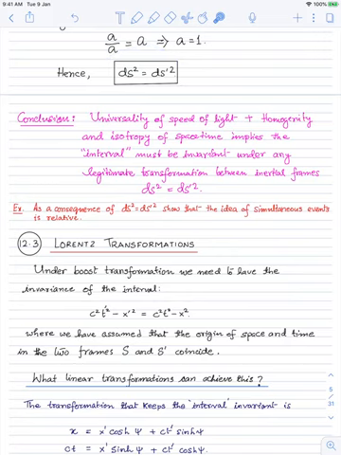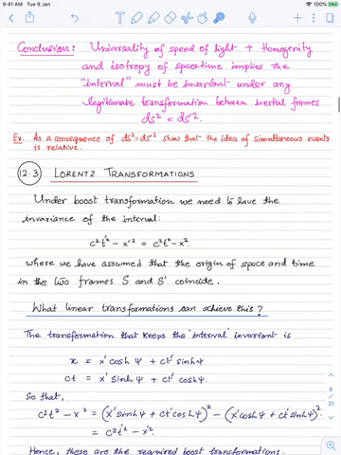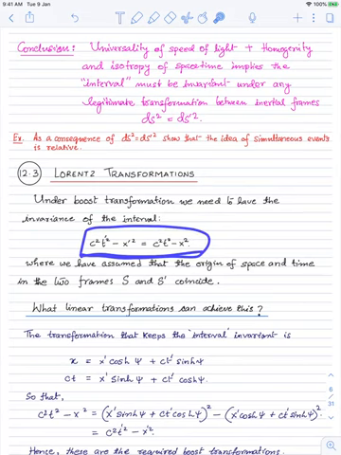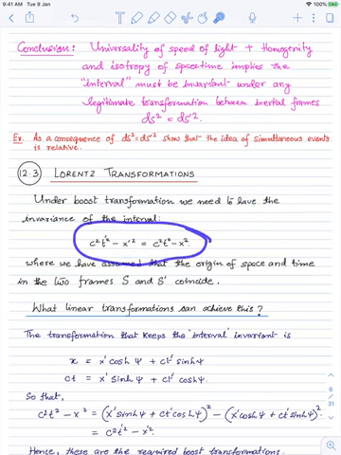So therefore, now again, if one of the points of this finite interval, or one of the events, is the origin of space-time, and we assume that in both the frames the origins coincide, okay, so that point is common for both the frames, then we can say that for any point in the S and S prime coordinates, we should have this expression to be valid.